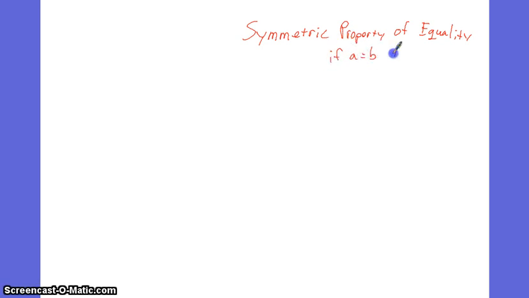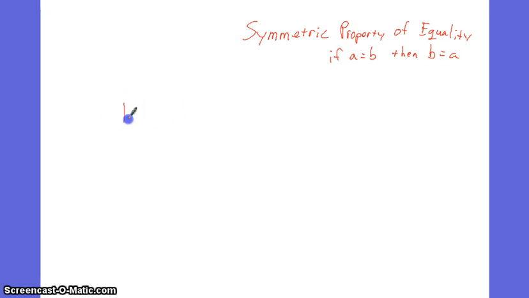Now, one final thing. The symmetric property of equality tells us this. If A equals B, then B equals A. So it means my variable can be on either side of the equal sign.